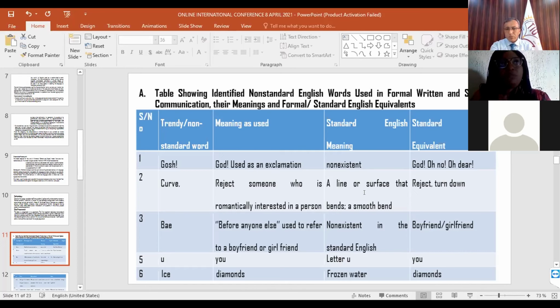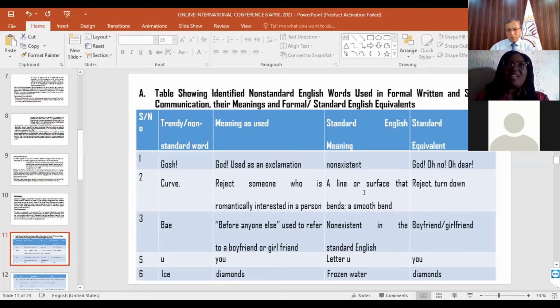Gosh. They have also provided some of the sentences wherein these particular words were used. There are instances where a student comes to you wanting a makeup examination and you tell the person, no, I can't give you a makeup exam. And sometimes the next thing the student says is, gosh, as a form of exclamation.